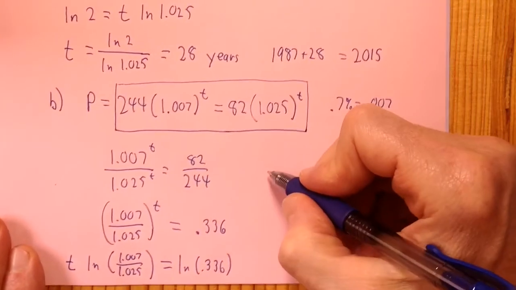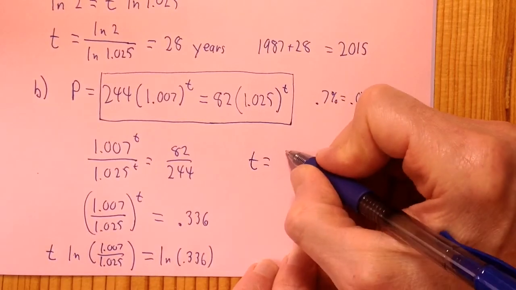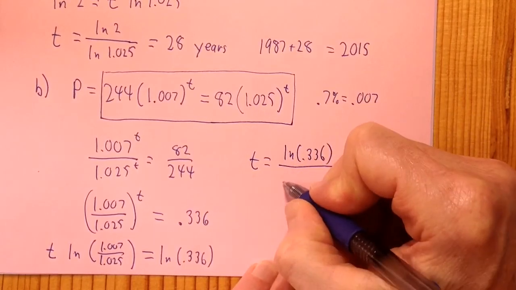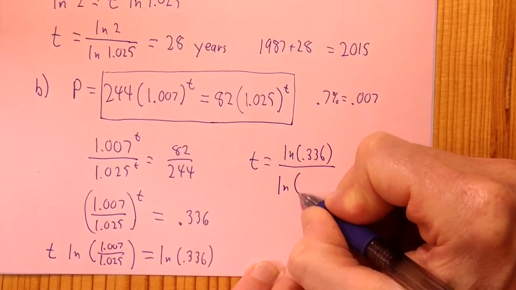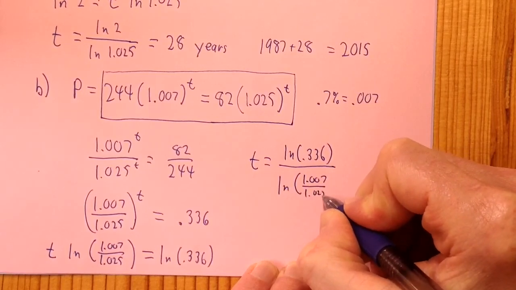Or finally, I'm going to go up here to finish it, we have t is equal to the ln of 0.336 divided by the natural log of 1.007 divided by 1.025.